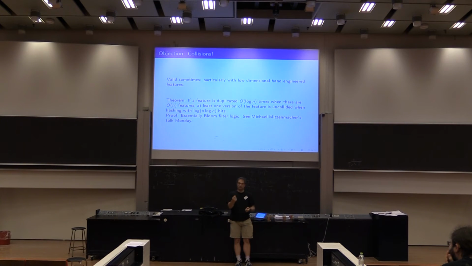Right? And the reason for this is essentially a Bloom filter style of logic. So if you have n important words, and you duplicate them about log n times, and you map that into a hash function with log of n log n bits, then you can arrange things so that every important word has a non-collided entry.